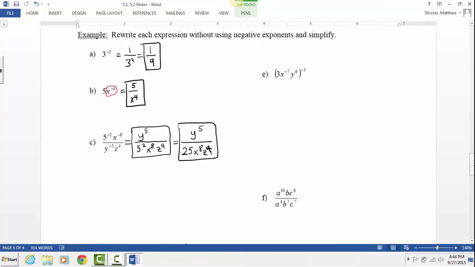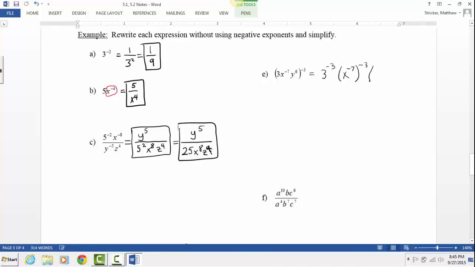Okay, we also have example E. So remember, this is when I have a product here raised to a power, everything inside there has to be raised to that power. So this is 3 raised to the negative 3rd power. This is x to the negative 7 raised to the negative 3 power.